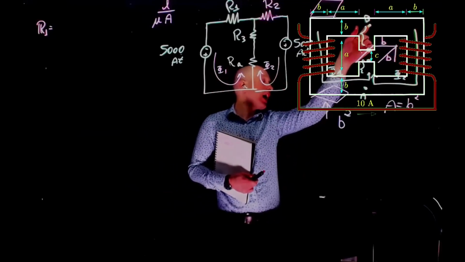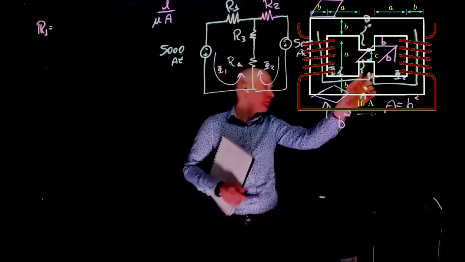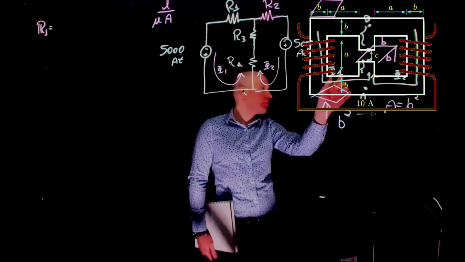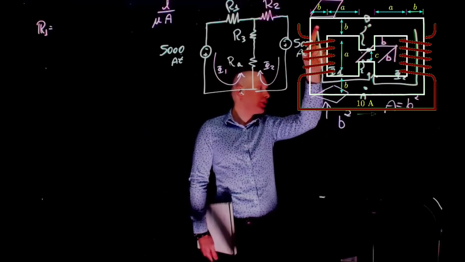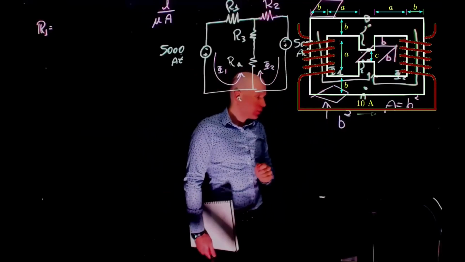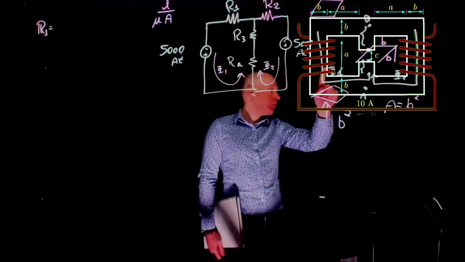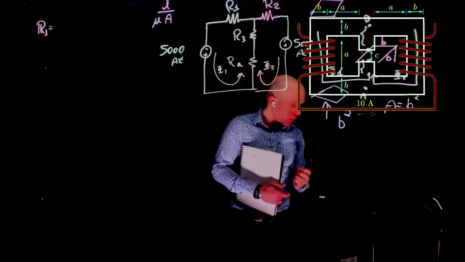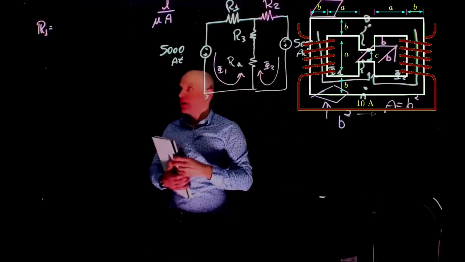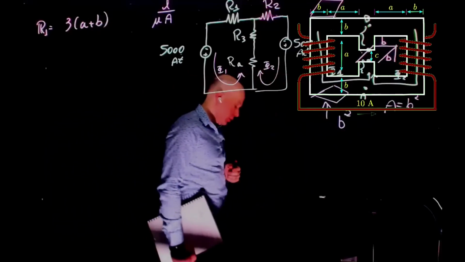This little portion here is only half of B. This is half of B, and we have another half of B here and another half of B there as well, if you take this point as where the loop goes down. So A here plus this part plus that part plus this one. How much is that in total? It is actually 3 times A plus B.